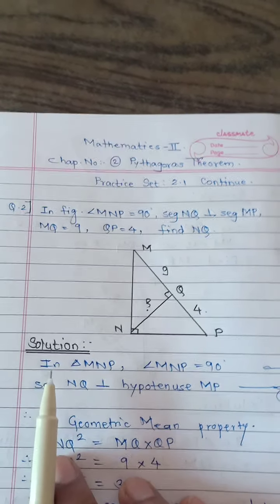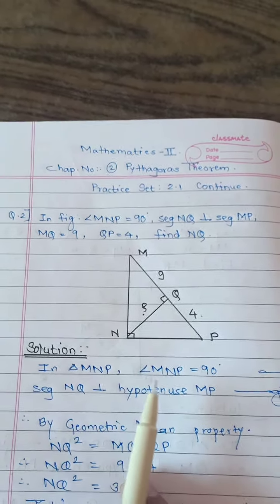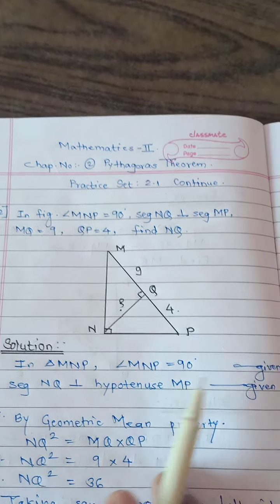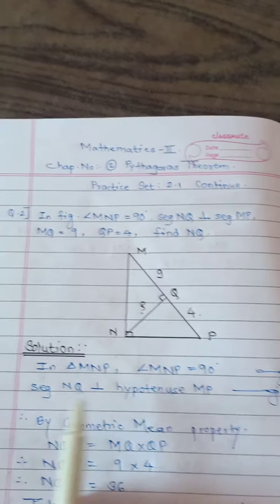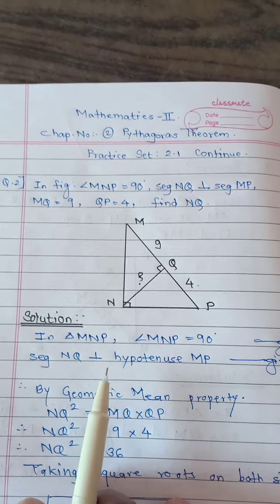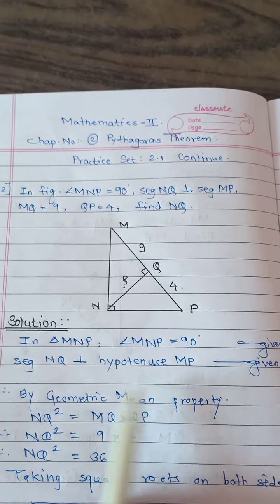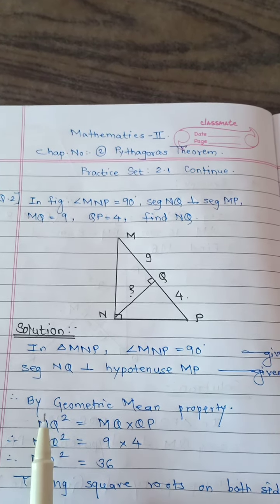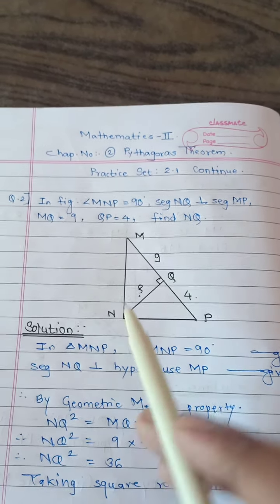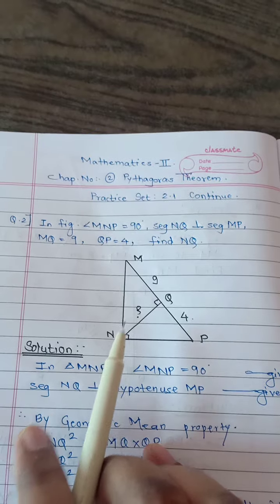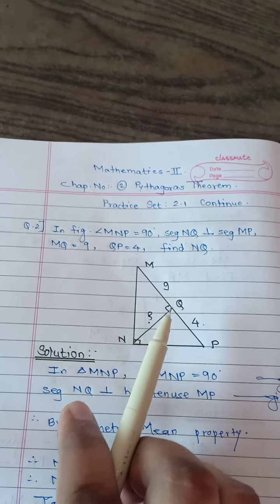Solution part. In triangle MNP, angle MNP is 90 degrees. It is given in the question. Segment NQ is perpendicular to hypotenuse MP. This is also given. Now we have to apply the geometric mean property. So NQ is the geometric mean of MQ and QP.